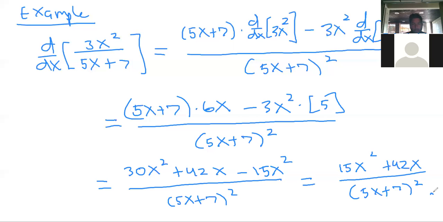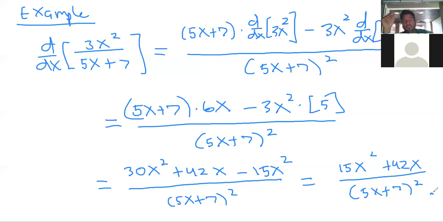Now, what I would want you to ponder is, could you imagine if I said to you, I want you to compute this derivative from the definition? Another important thing I really want you guys to think about is that even though this looks like a messy calculation, it is nothing compared to how messy the calculation would be if I said you have to take the limit as h goes to 0 and use that definition.